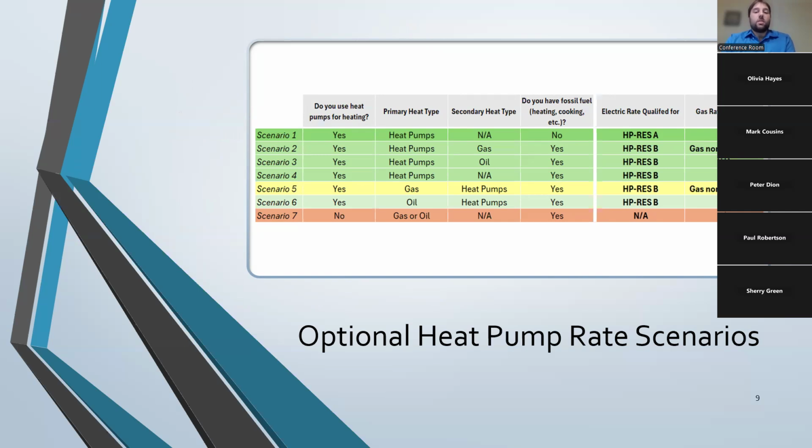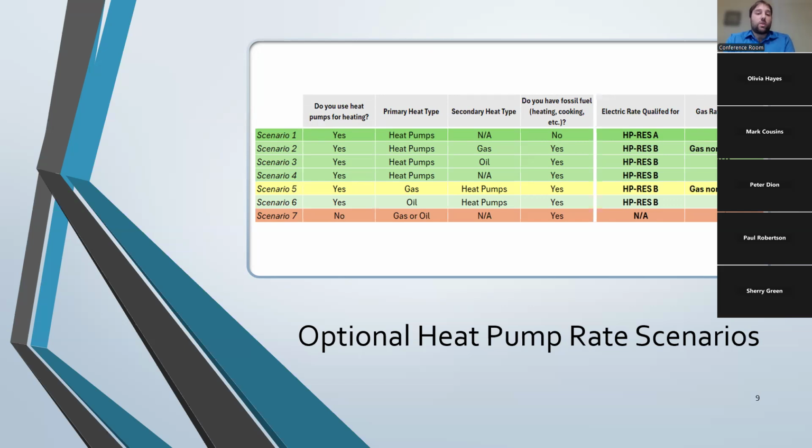Okay. So this leads into that discussion. Here is a little scenario matrix, and the more green the row is, the better it fits our situation. If you are an all-electric customer with heat pumps, you get to be on Res A, which is the higher discount.